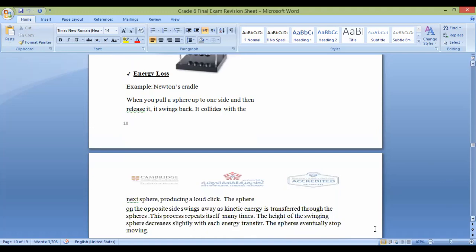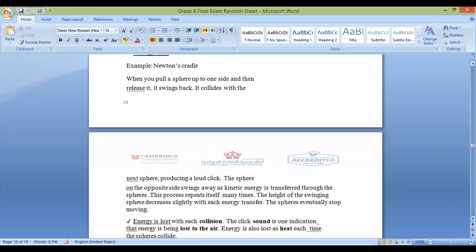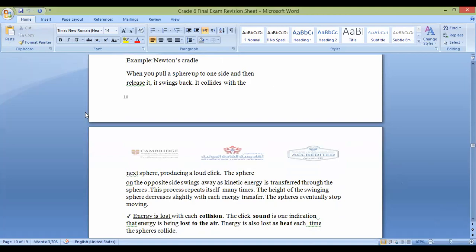Because of the kinetic energy. Yes, it is transferred. Kinetic energy is transferred through the spheres from one sphere to another, and this repeats itself many times.